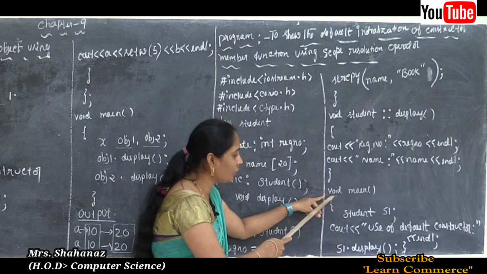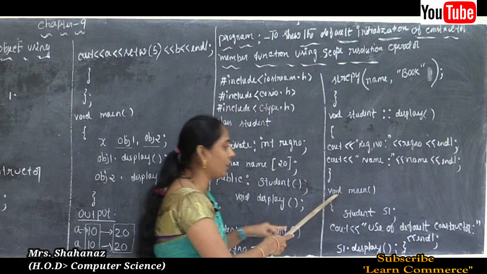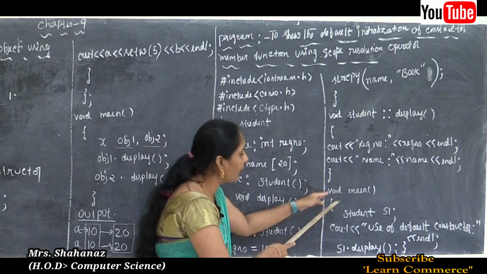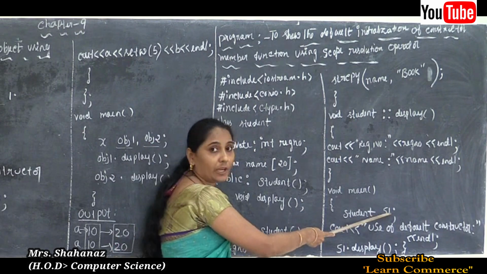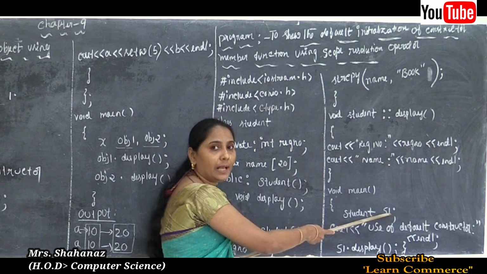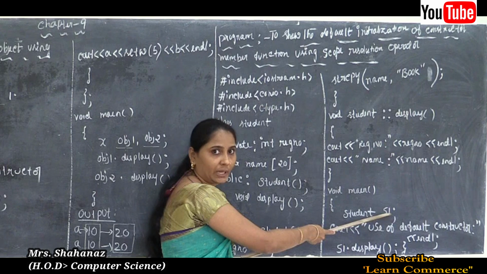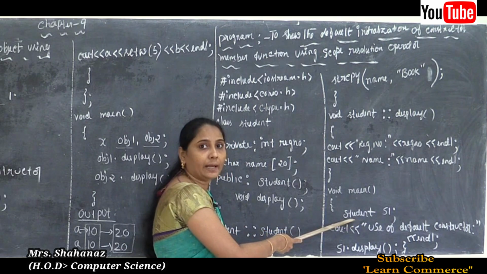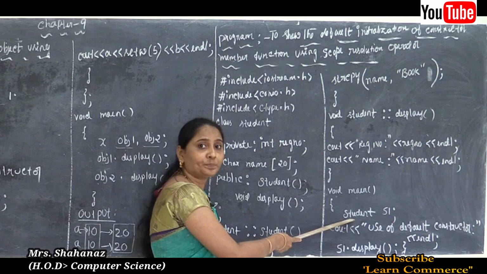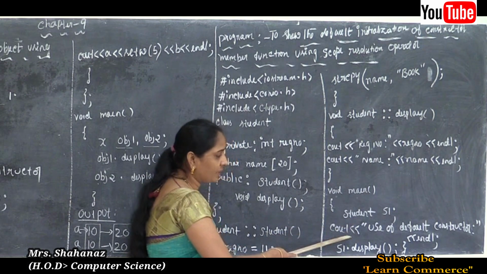So I am going to use in this program the main function as void main, then opening of the flower bracket, and later next one I want to declare the object name S1, and such object is going to be declared by using the class name Student. After the declaration of the object, just one message I want to display.